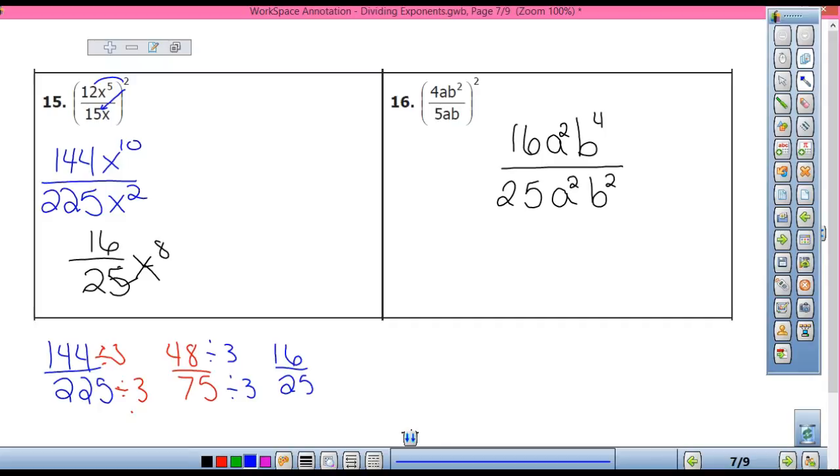How does your fraction look so far? The nice thing is that we just reduced this one over here to 16 over 25, so we know that 16 over 25 can't be reduced. That's kind of nice. What happens to my a's? They cancel, and b to the second. Do that.